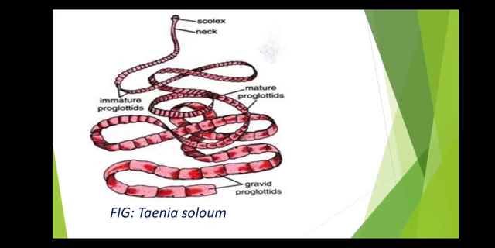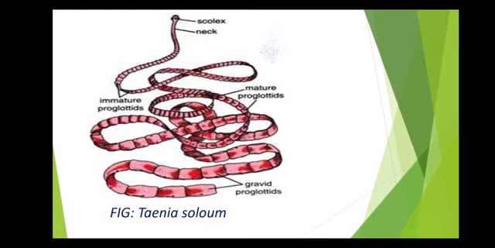On the middle part of the scolex, there are four cup-like muscular suckers. The suckers and hooks are the organs of attachment. The strobila consists of immature, mature, and gravid proglottids.